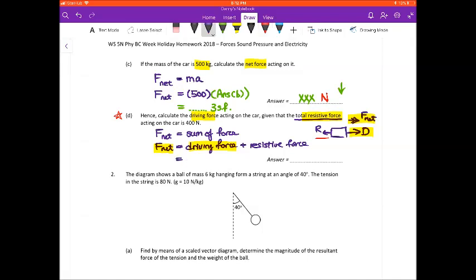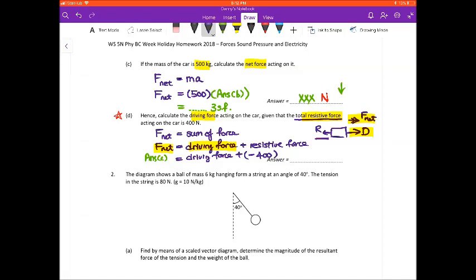If I simplify it, it will become F net, which is your answer in C. Driving force we do not know, so we keep it here: driving force plus your resistive force, which is 400 but in the opposite direction, so it has a negative sign.